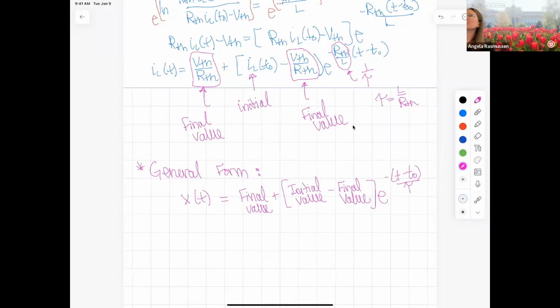And this is where that general form equation came from in the past when you used it. So we can still use it, and we're going to go through and solve some problems with these.